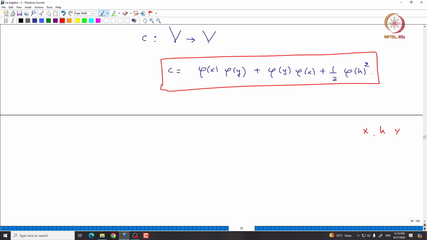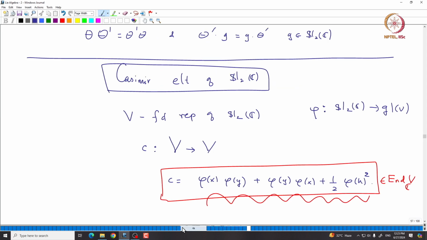So, this thing can be written in terms of that. So, it has some deep meaning, it is not that some random element is written here. Okay. But for the time being we can take this as the definition. So, now this is an element inside the endomorphism of V. Okay. So, I will leave it to you to check that this C commutes with the SL2 action.